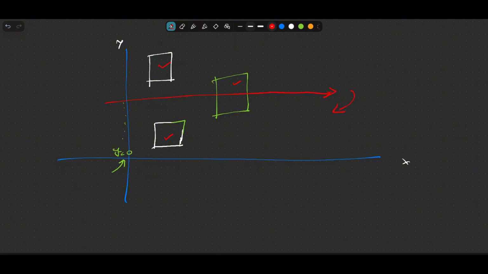If it lies below, then what is the area? It's nothing but l into l. Again, if it lies above, it's again l into l.